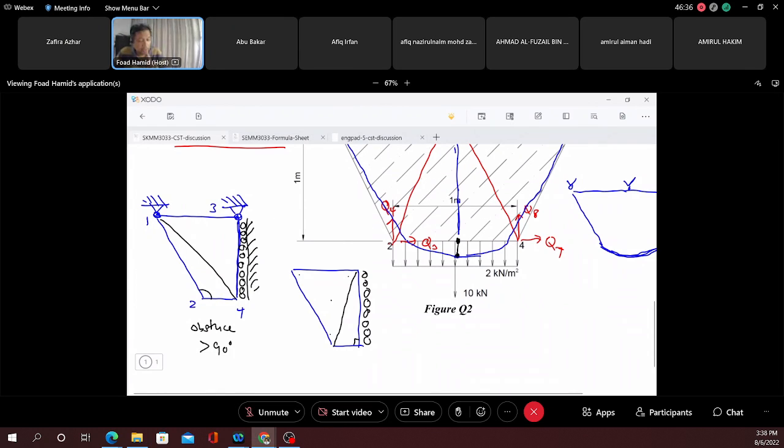Note that, like Abaqus, I don't know if ANSYS can do this, but Abaqus will check and comment on your elements. It will say, okay, this is not good because the angle is more than 90 degrees.